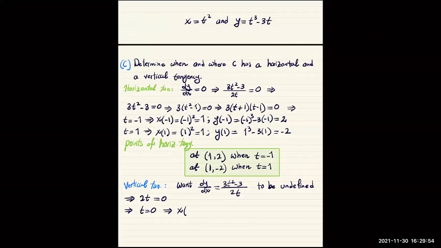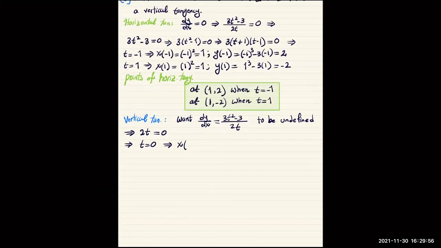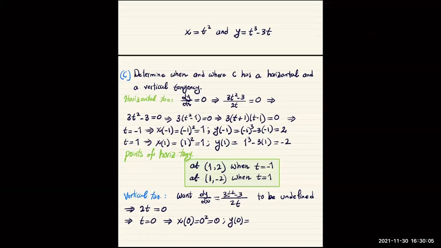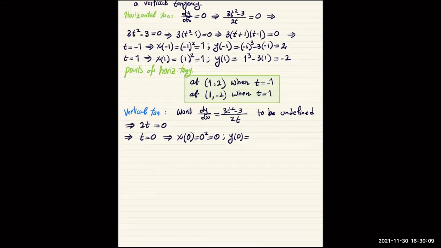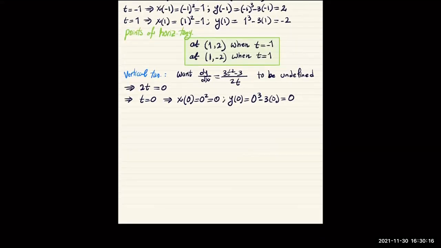X again is t squared, so x of 0 is 0 squared, which is equal to 0, and y at 0 is 0. Use the definition for y, it's t cubed minus 3t. 0 cubed minus 3 times 0, that's equal to 0.